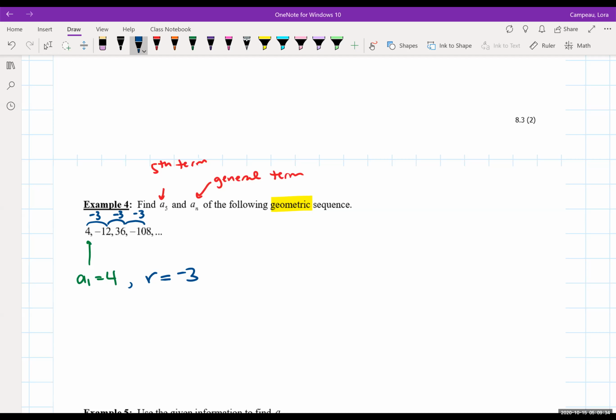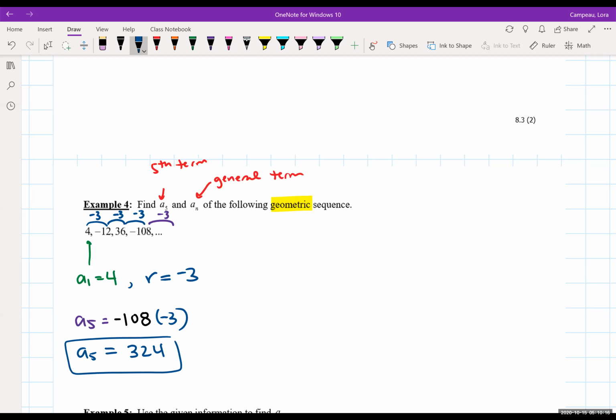So right away, if you want to find a sub 5, all we have to do is multiply negative 108 by negative 3, and we should get our fifth term. I would need a calculator, so bear with me. I guess we could do things in our mind, but we do have the technology. So we do have 324 as a sub 5.